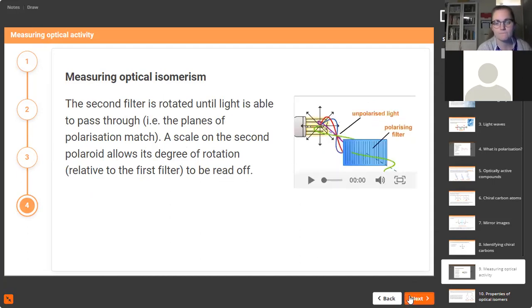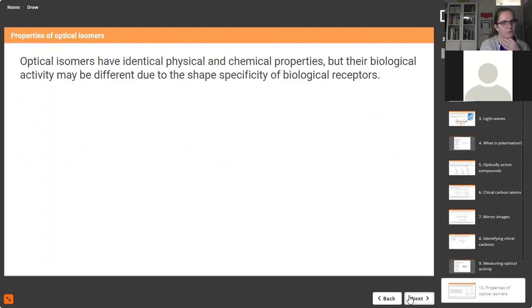So, properties of optical isomers, what is the point of them? Optical isomers have identical physical and chemical properties to each other. Really interestingly, it's their biological activity that's different, and that's due to the shape and specificity of biological receptors.